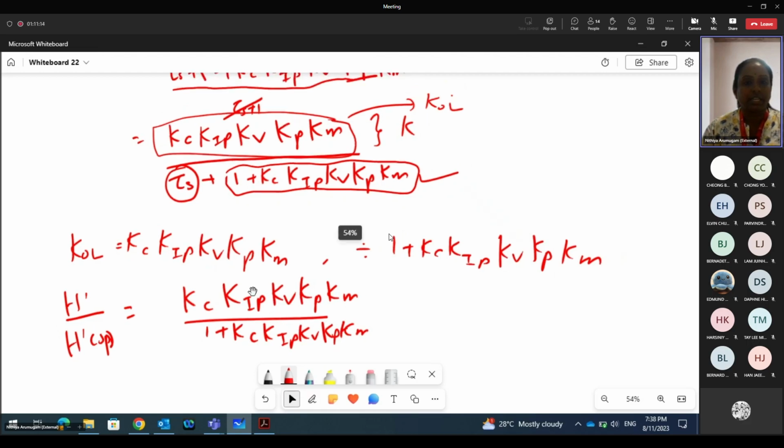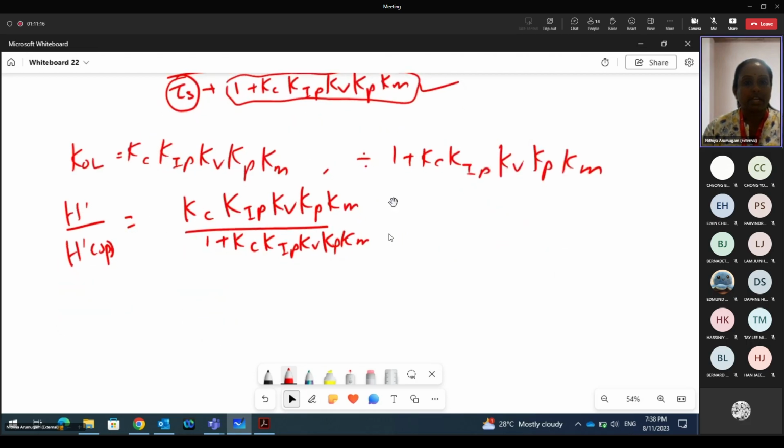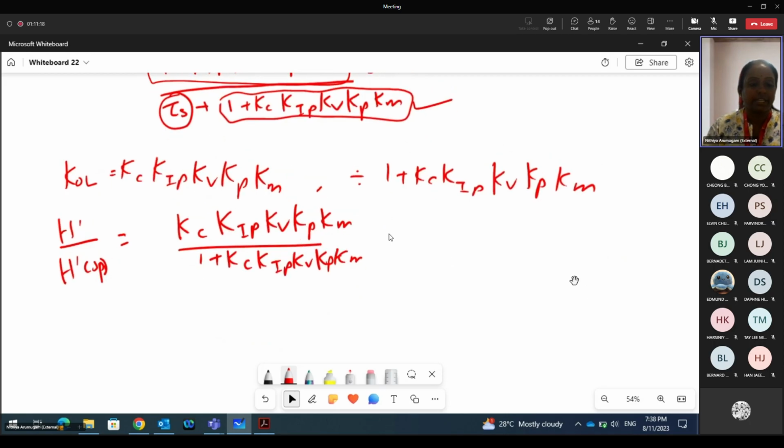We divide this already. And I'm also going to divide the bottom part.